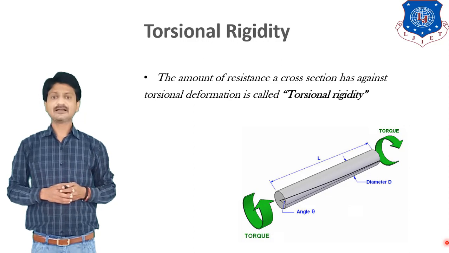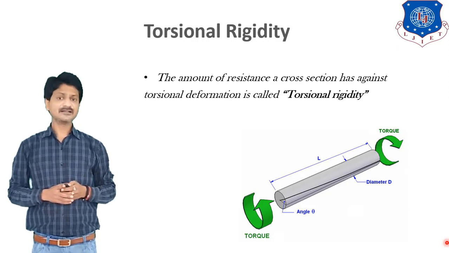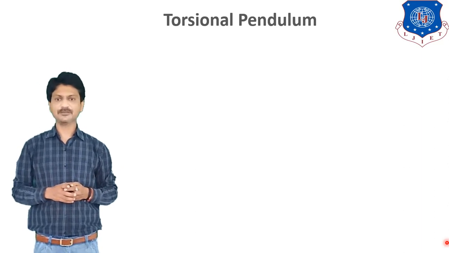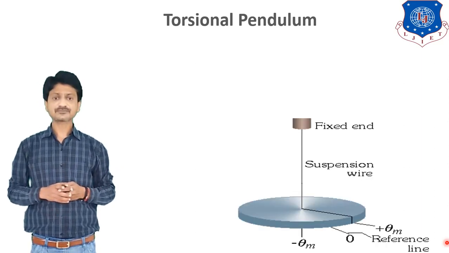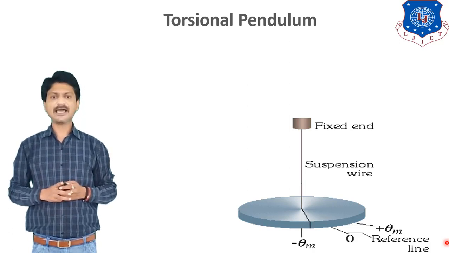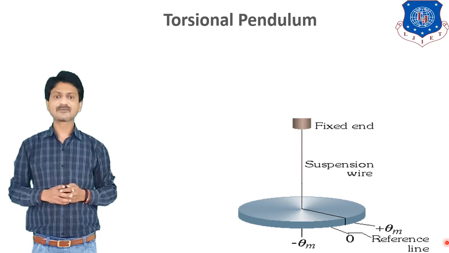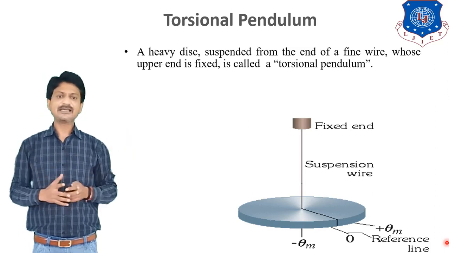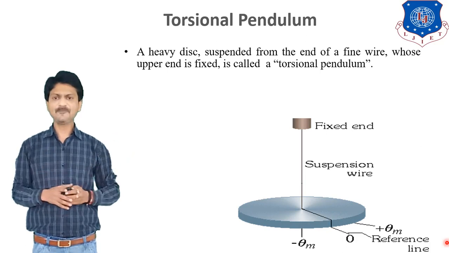Now let's start with the derivation of time period of torsional pendulum. You can see in the figure a heavy disc suspended from the end of a fine wire whose upper end is fixed, and that setup is known as torsional pendulum.